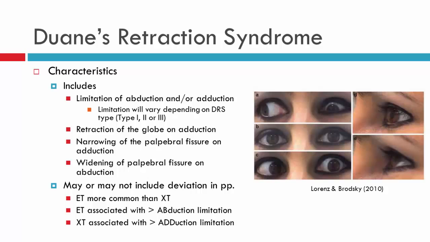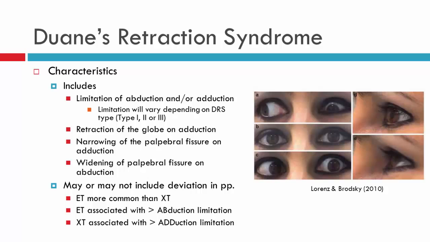It's worth noting that the amount of retraction of the globe and the narrowing of the palpebral fissures you see does vary between patients. Some patients will have more retraction and narrowing of palpebral fissures than others. This comes back to the amount of co-contraction that's occurring.